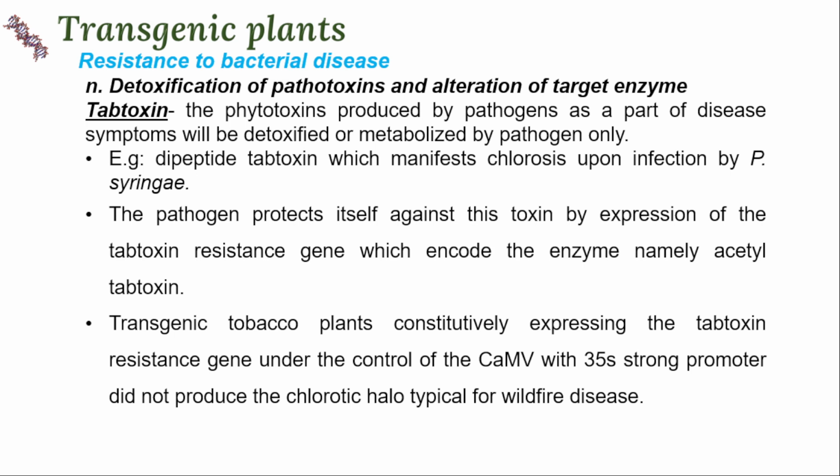Whenever we introduce a gene with a strong promoter, the cauliflower mosaic virus 35S promoter, along with the tabtoxin resistance gene into the host plant, definitely it shows resistance to wildfire disease that happens because of Pseudomonas syringae infection. So these are the different ways we can modify a plant into a transgenic plant and effectively resist the bacterial infection.